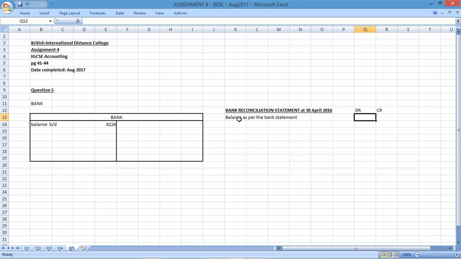They said the bank balance on the bank statement showed a credit balance of 8926. That's what they told us. Then they've given us some info here.